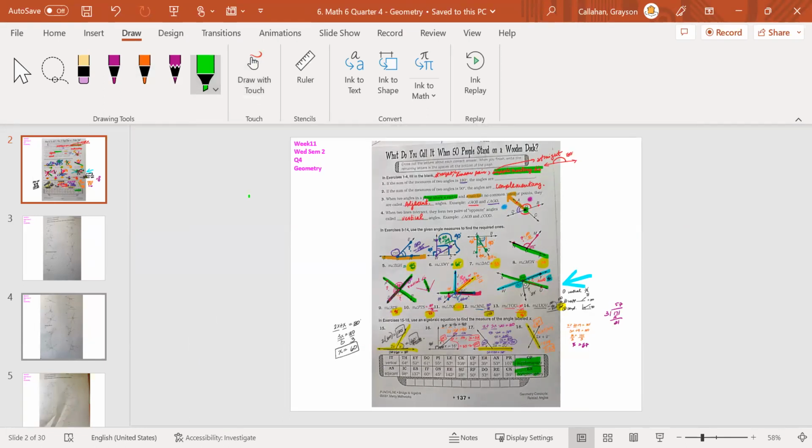Then you have complementary, cross out complementary. And then adjacent, so cross out adjacent. Vertical, cross out vertical. Then your first number was 45, so look for 45 and then cross it out. And then you just keep working on it until whatever's left, then you put whatever's left right here, okay?